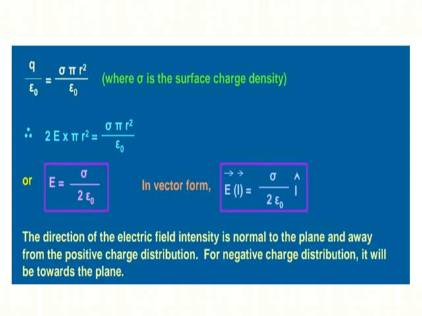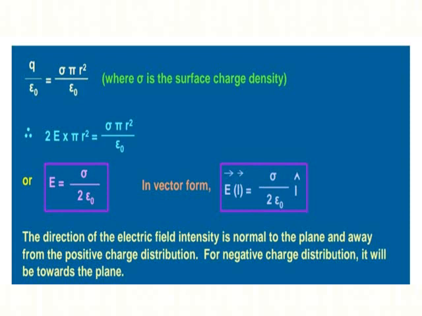In terms of surface charge density, we can replace Q with sigma A, and the area is pi r square. So we get 2E into pi r square equal to sigma into pi r square upon epsilon naught, and the pi r square cancels out. So we get E equal to sigma upon 2 epsilon naught.